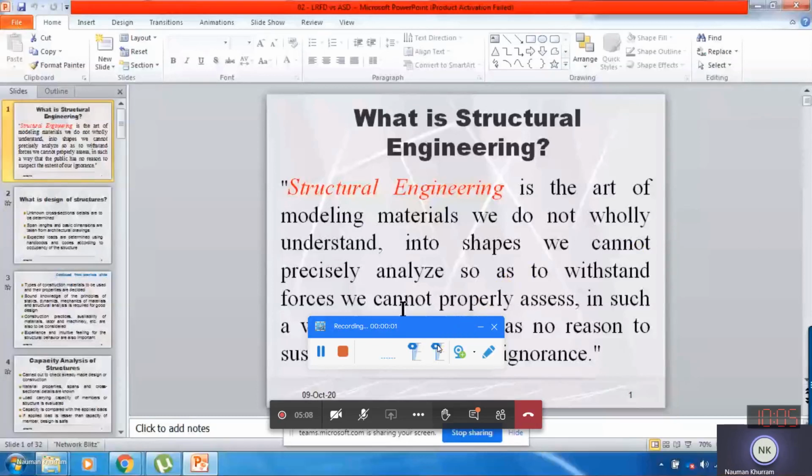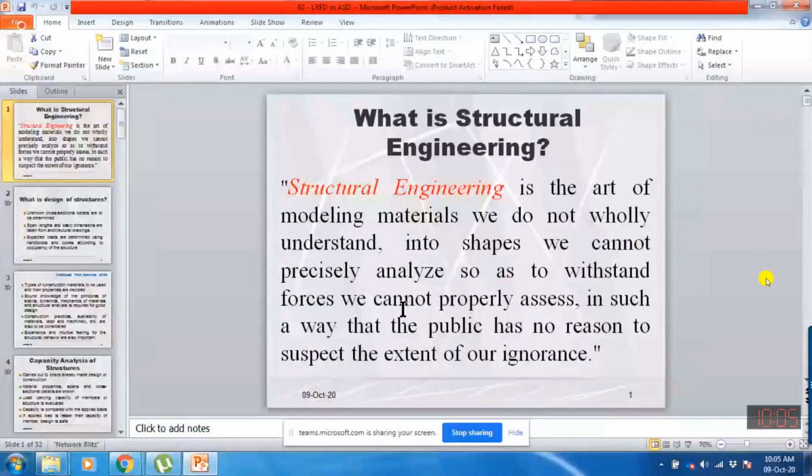RCC construction. So today, we are gradually entering into the design phase, or the design procedure, for the structure. First of all, before starting the design phase of steel structure, we must learn what structural engineering is.